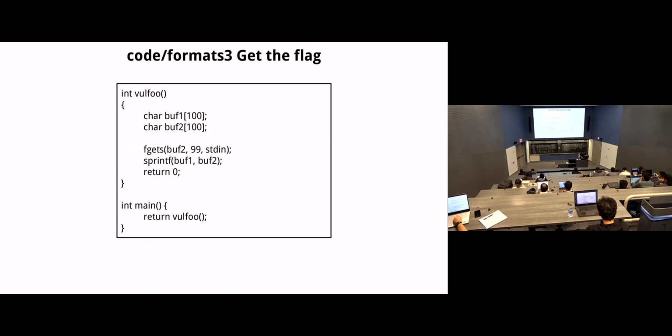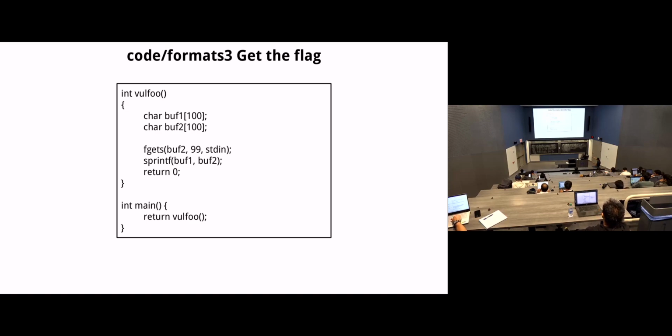And this is the one where we're trying to get the flag. We have val-foo here, which has the first buffer and the second buffer, two buffers.